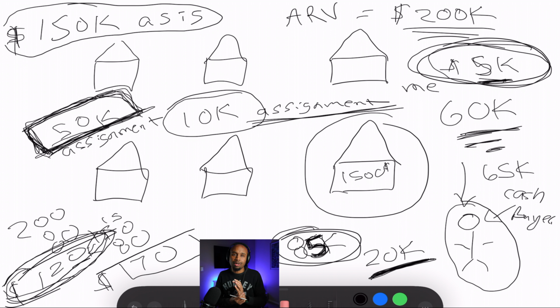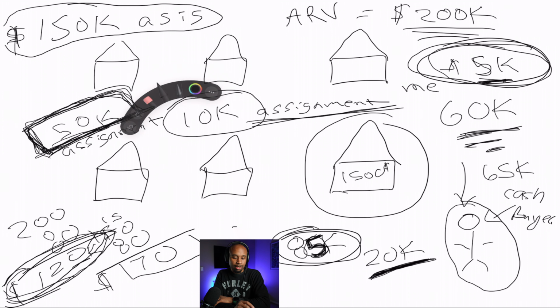You do not want to get to closing and people are like, why is this guy getting 50K to be the middleman and I'm only getting 30K as the seller? It doesn't make any sense. Red flags are going to go up, and you're not going to get a good reputation that way. If this seller needed to sell another house, you're not going to get a call from them. So your assignment fee should be reasonable, okay?